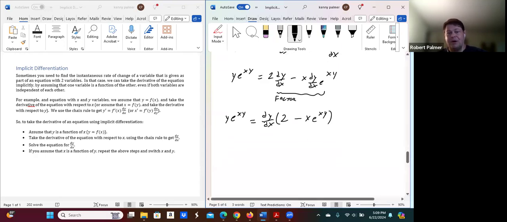All right, and we're almost there. So the last thing we need to do to get this by itself is divide both sides by this term, 2 minus x times e to the xy. Let's go ahead and write that out: 2 minus x times e to the xy.